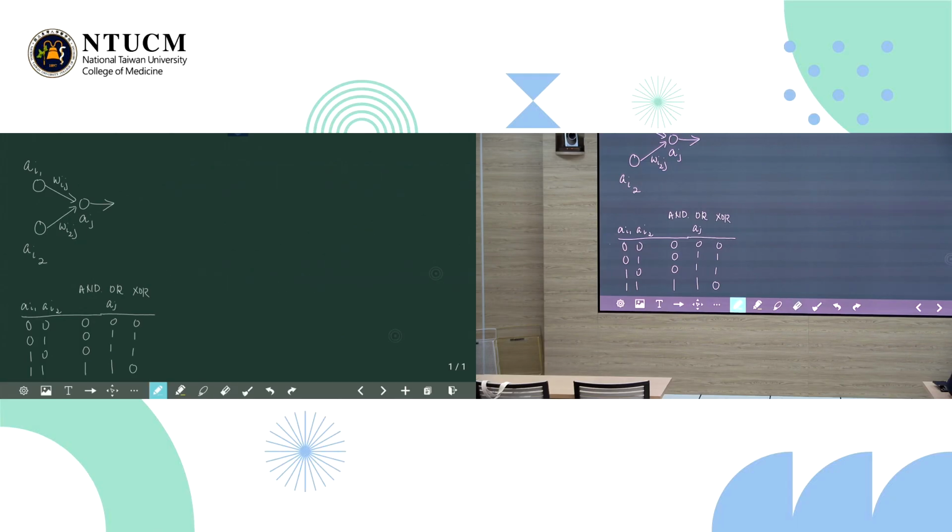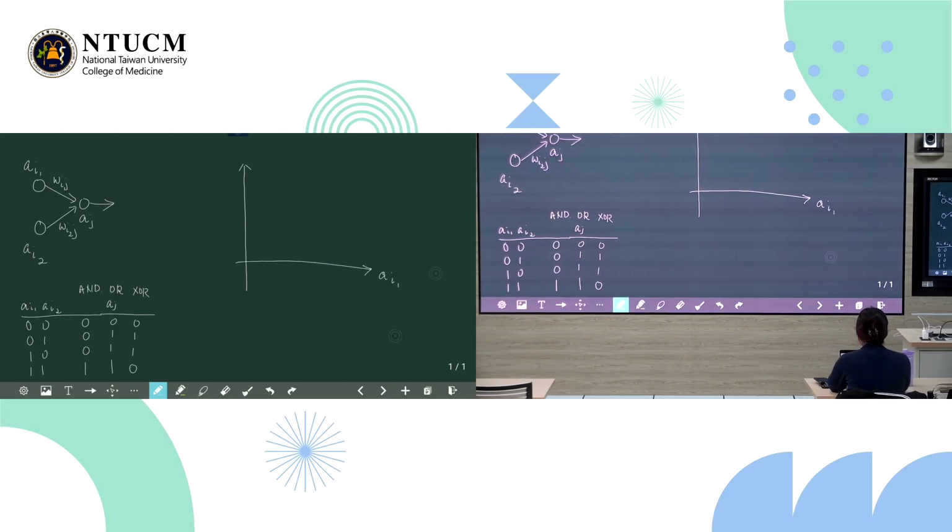Such that if I have AI1 here, and AI2 here, and a third dimension, which I'm not going to draw yet, then somehow the different states of AI1 and AI2 lead to 4 possible outcomes on a third axis.